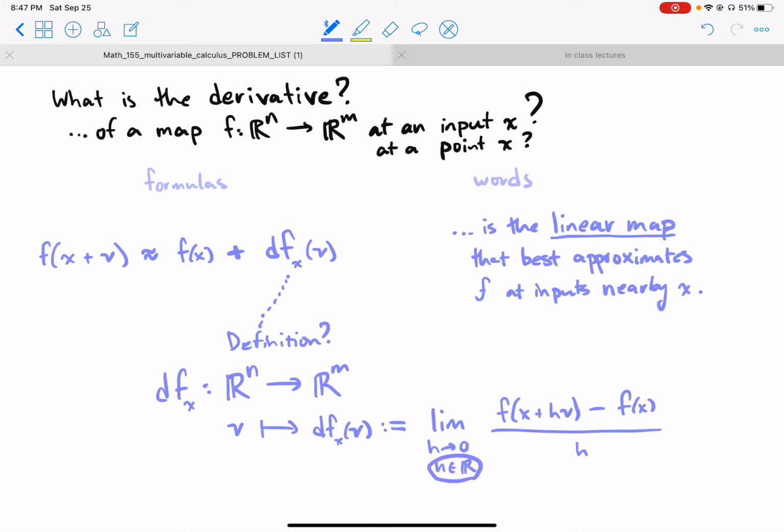So I like to put that h is a real number just to remind me h is not a vector. So when we're dividing here, we're not dividing by a vector. Nobody knows how to divide by a vector. But we know how to divide by a real number. Now up here, this is going to be a vector because f of x is somewhere in the output space Rm. It's a big vector.